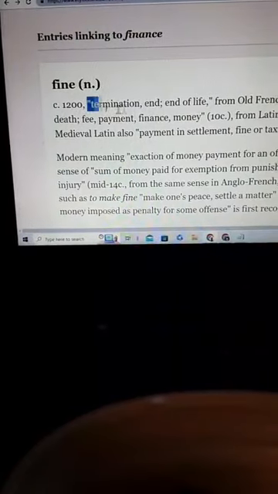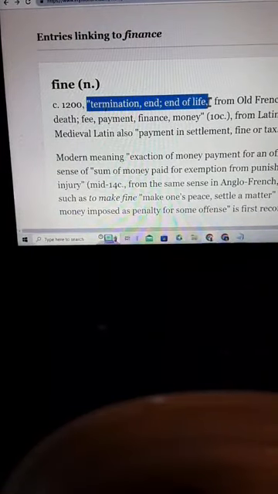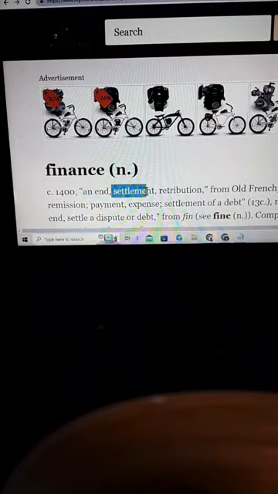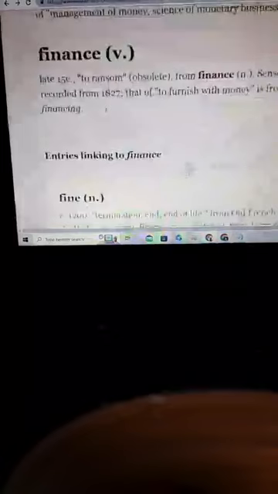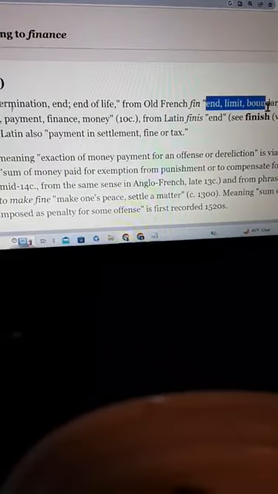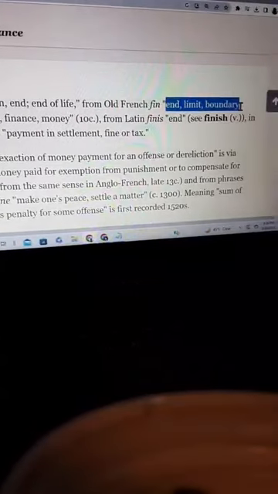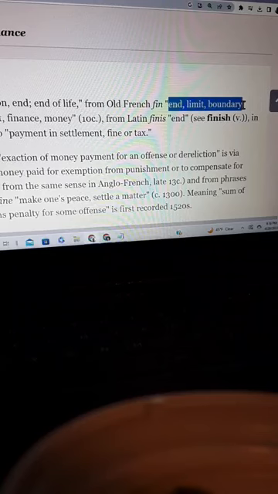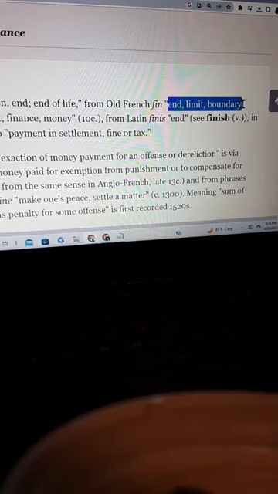Fine. Termination, end, end of life. Finance, an end. Settlement, retribution, an ending. End, limit, boundary. So the fine as a debt, owe no debt or owe no man anything.